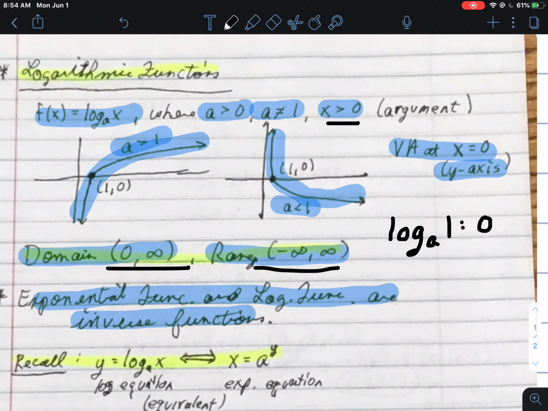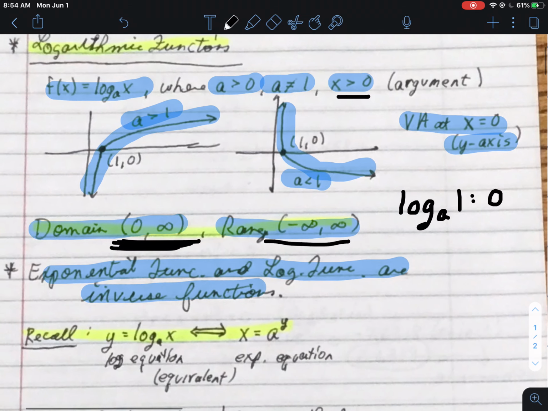But this is the main thing to remember: we always have to be aware of what the domain values are for a particular function. We need to know what those inputs are. So for a log function, the argument must be positive.